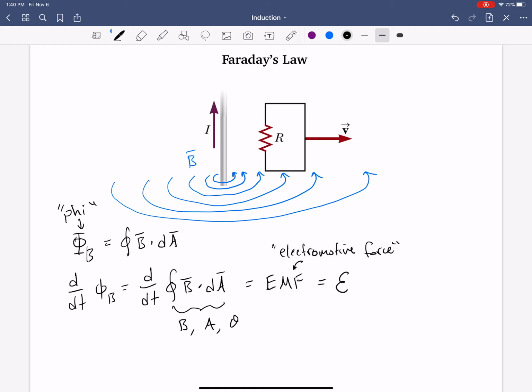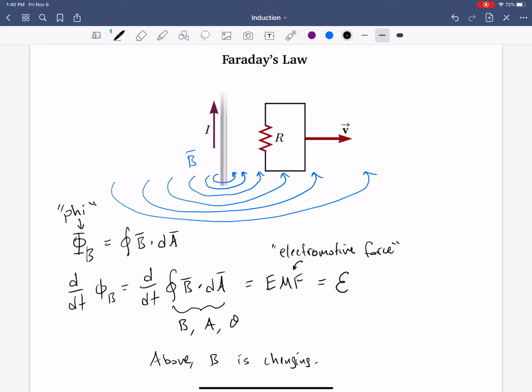In this case, above, B is changing. And it's changing because it's decreasing in magnitude as it gets further away.